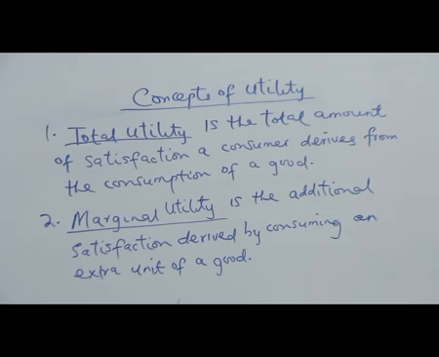Taking the second glass implies that there will be additional satisfaction that the person will derive from consuming an extra unit of that commodity. So what we are trying to understand here is that you cannot assume that the satisfaction you derive from the first consumption will be the same as the second consumption. There will be a drop, but there is additional satisfaction derived from it.